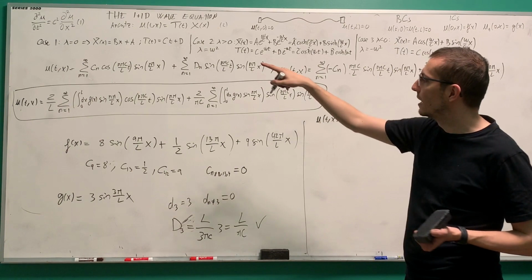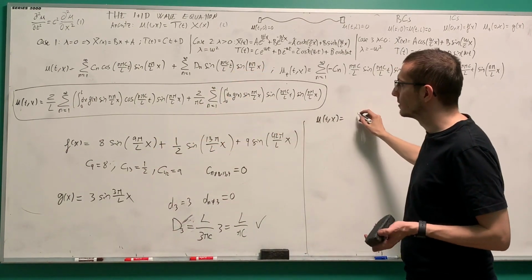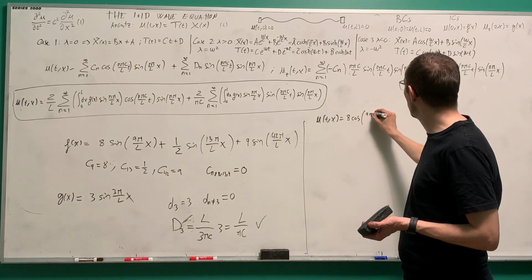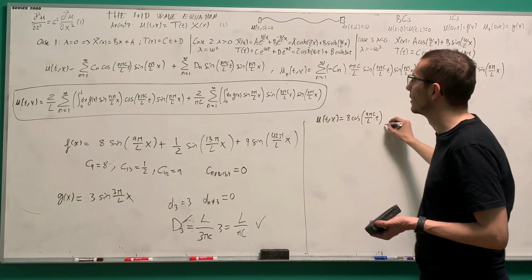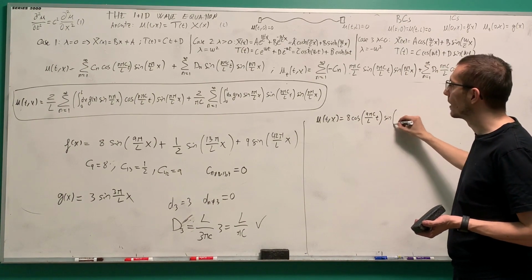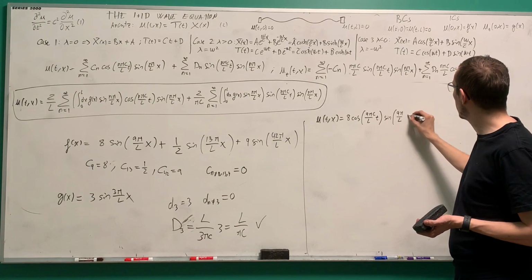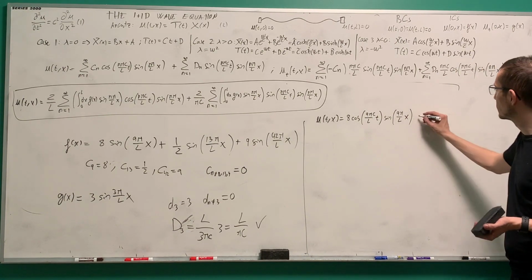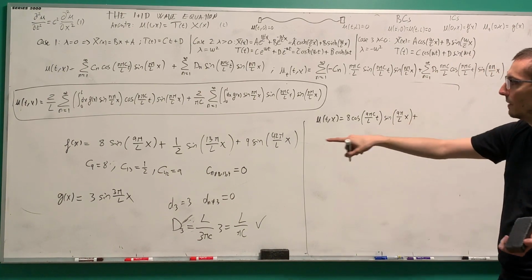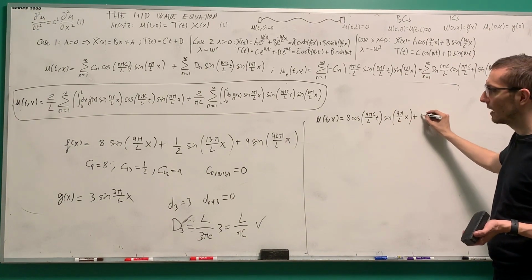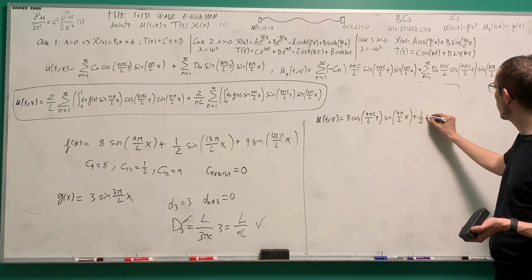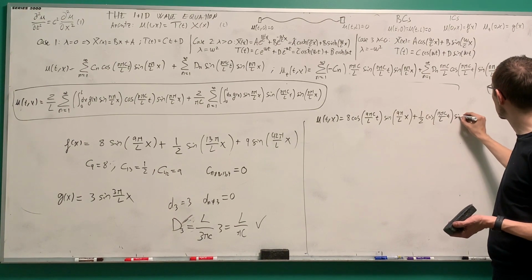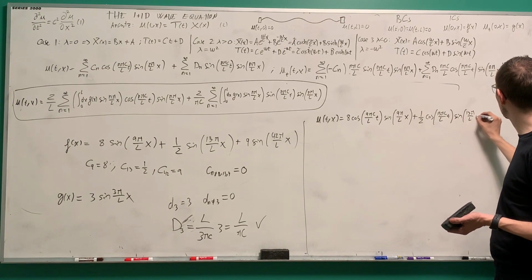The first one is c9, which is 8. So I get 8 cosine of 9 pi c over L t times the sine of 9 pi over L x. Wonderful. And that's the first summand. The second summand would be with c13, and it's a 1/2 factor: 1/2 cosine of 13 pi c divided by L t times the sine of 13 pi over L times x.